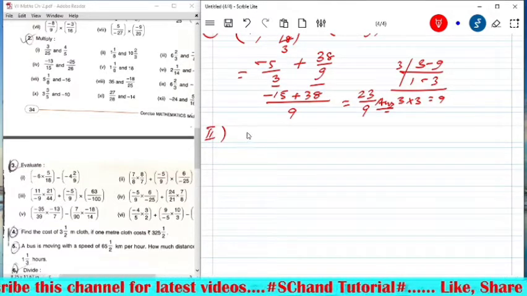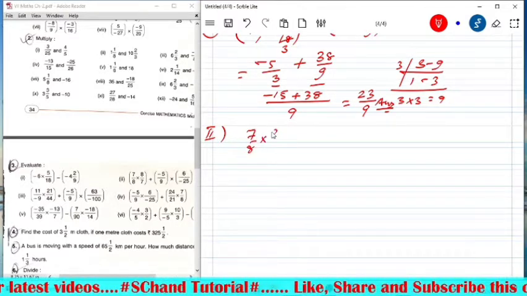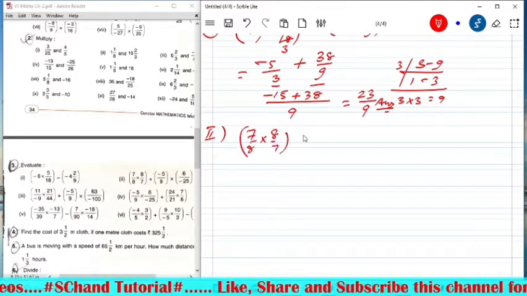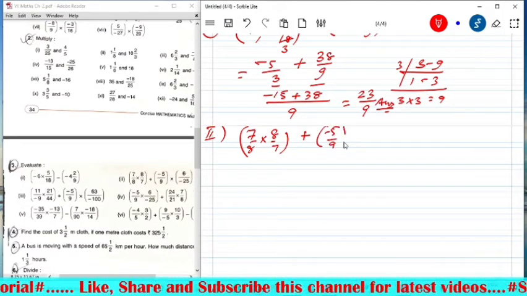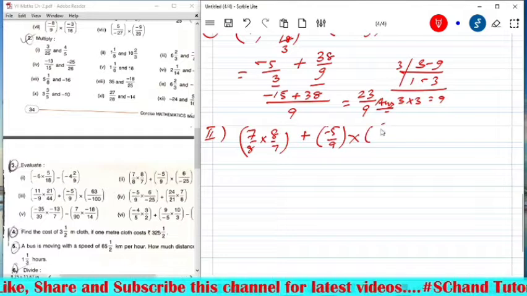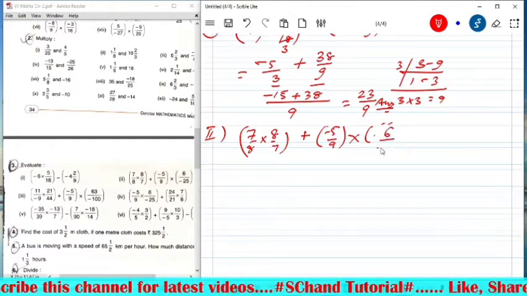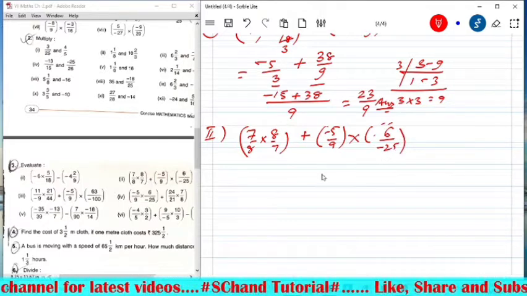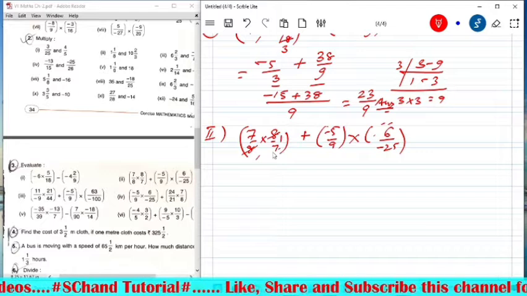Third, second, 7 over 8 into 8 over 7 in brackets plus minus 5 over 9 into 6 over minus 25. So this is how this one will cancel.